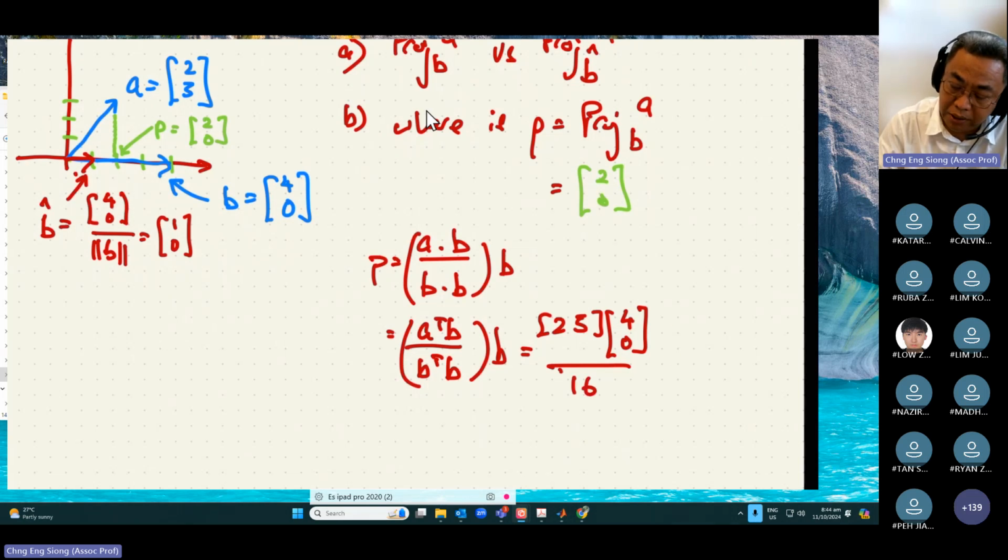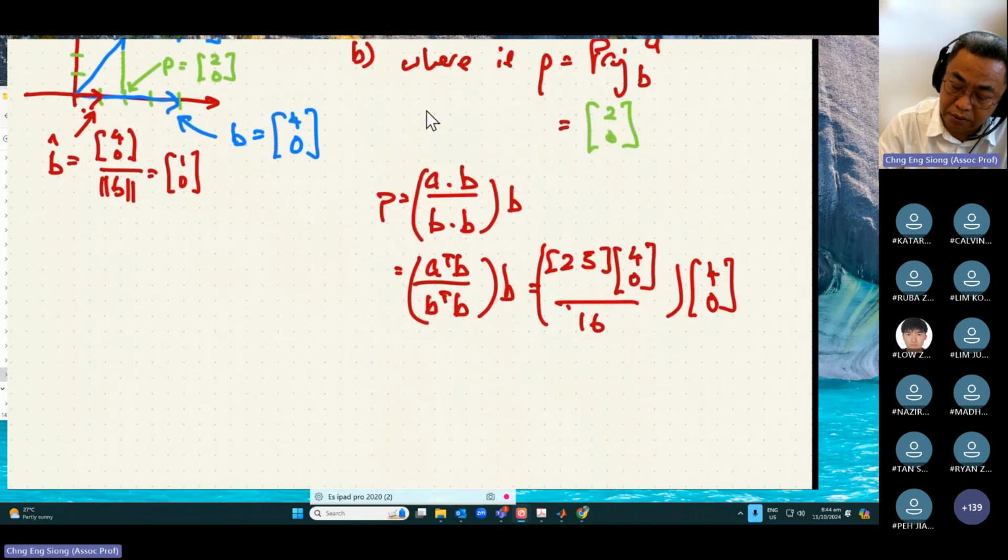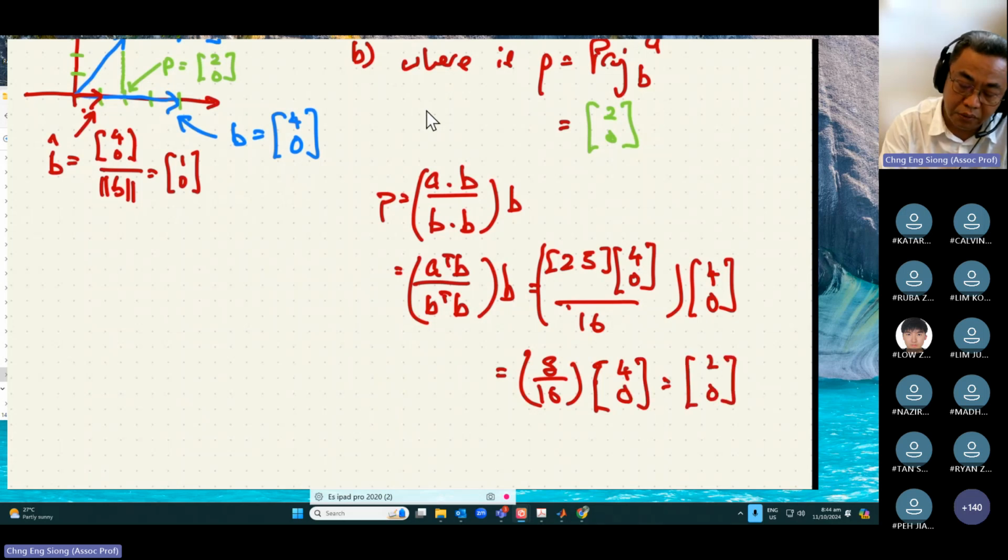And then we multiply everything by 4, 0. Let's see. 2 times 4 is 8. 8 divided by 16 is a half. And we have 4, 0. The answer is therefore 2, 0. Voila, at least we got the first one right.